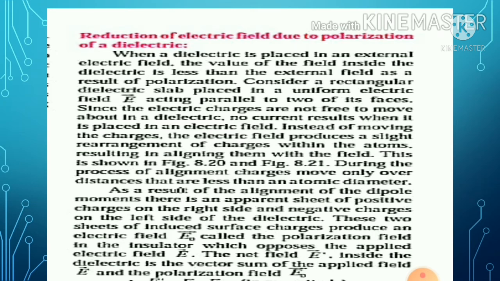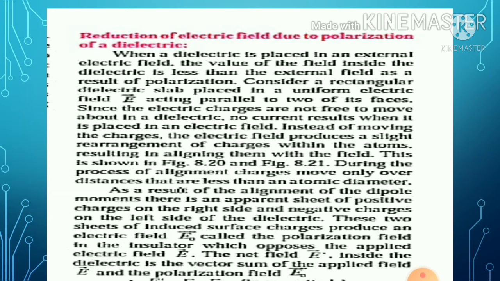So we apply a uniform electric field E bar parallel to two faces of the dielectric slab.